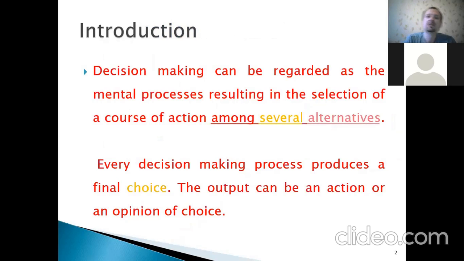Several means, as I told you, that you must have at least two possible ways to perform some activity, and we will name these possible ways alternatives. And your managerial activity is to select this choice.